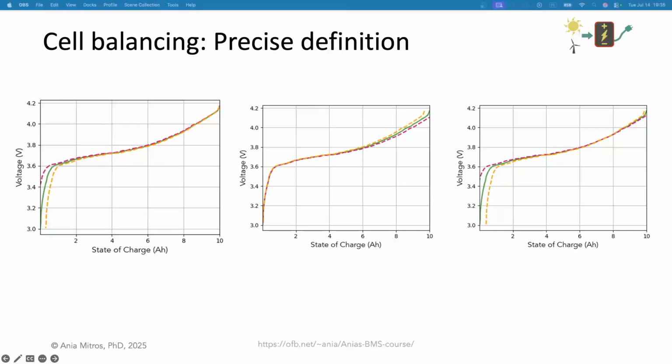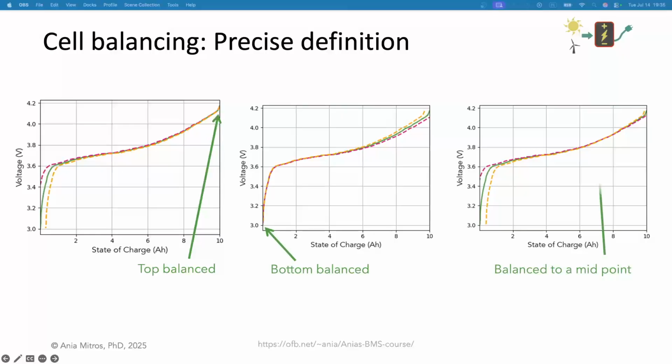When the curves aren't identical, we can shift them left and right to align them at one point. If we pick that one point to be at top of charge, we have top balanced the pack. If we pick that one point to be at the bottom, that's bottom balancing. Or we can balance at some intermediate state.